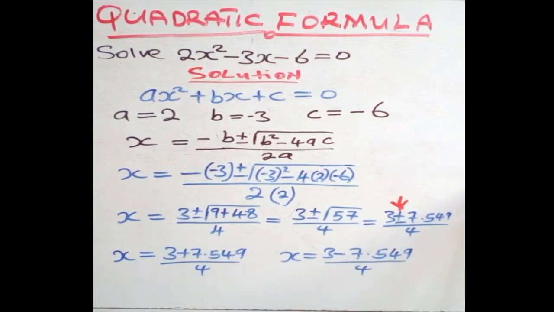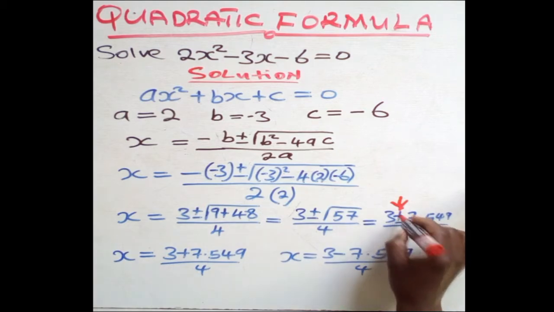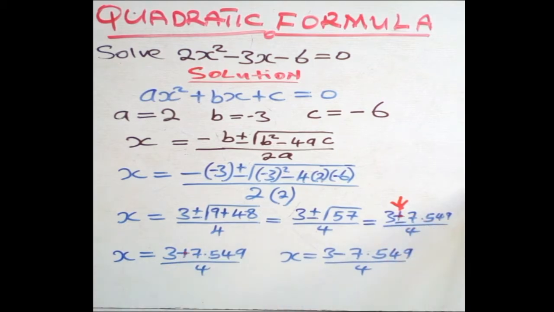What we have done here is this plus is the one we have here, and this minus is the one we have here. So we are going to get two different values of x. For this one here, you are going to have x is equal to 3 plus this 7.549. What are you going to get? You're going to get 10.549 over 4.